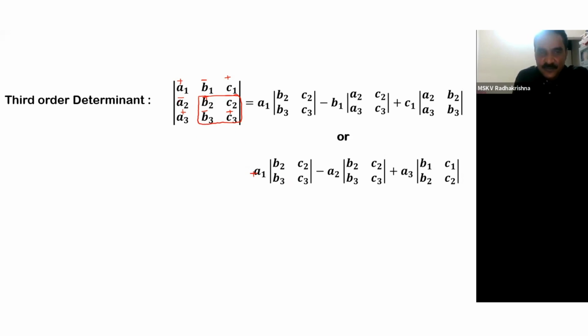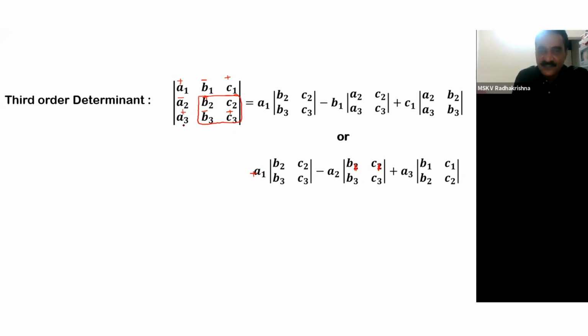Next, for A2, we have to take minus sign. Minus A2 into, removing the row containing A2 and column containing A2, you will get subdeterminant B1, C1, B3, C3. Its value is B1 C3 minus B3 C1.